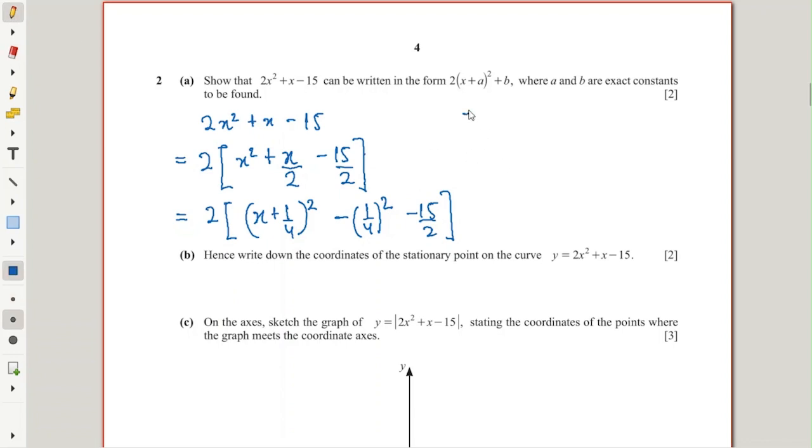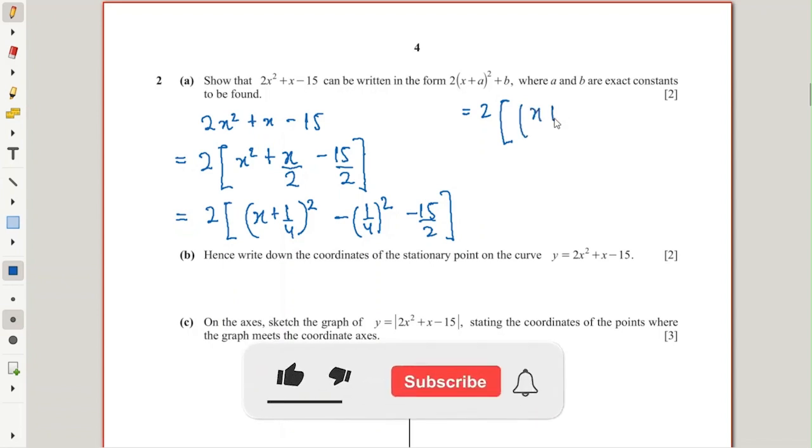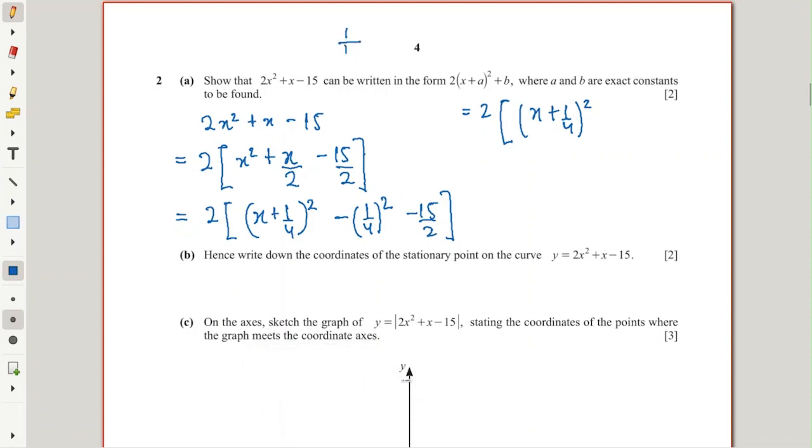So this will give me 1 over 16 minus 15 over 2. Mind you, I want them to have the same denominator, so it becomes easier for me.